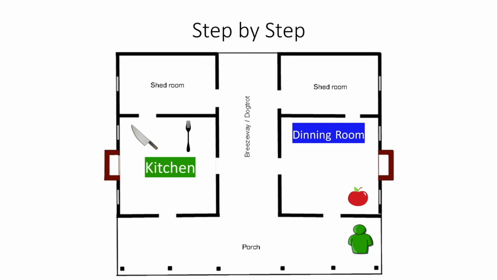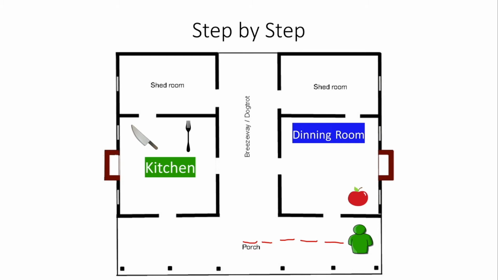So the step-by-step instructions would be one step, then another step, then another step, then another step, then another step. Oh, that's good enough. You don't have to move anymore. So, this is a step-by-step instruction, when you're telling them every single thing to do.